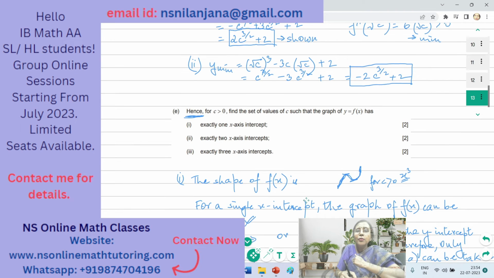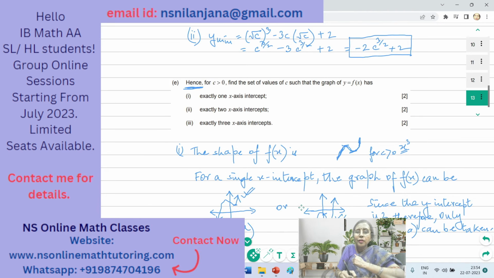And what was the minimum point's y coordinate expression? Minus 2 times c to the power of 3 over 2, plus 2. That is why they have said hence, because we have to use the subpart D's results. So minus 2 times c to the power of 3 over 2 plus 2.